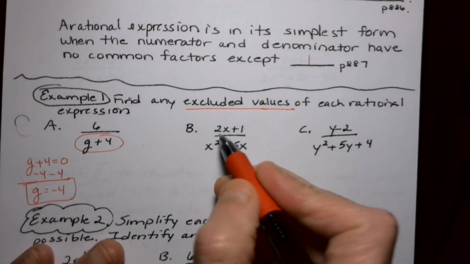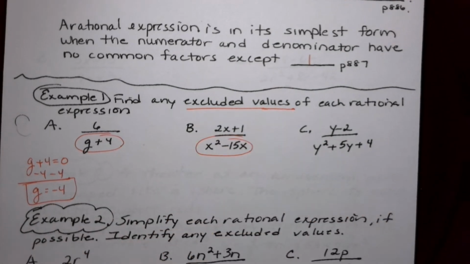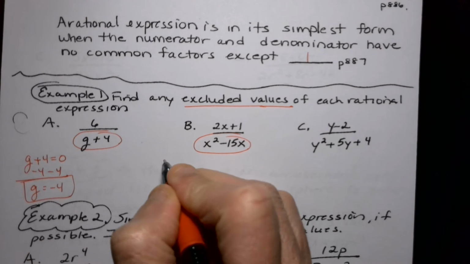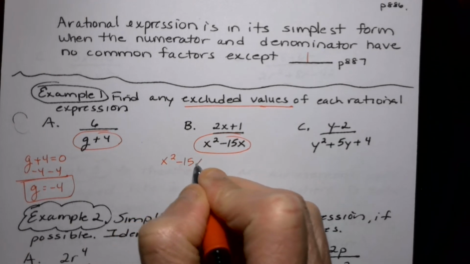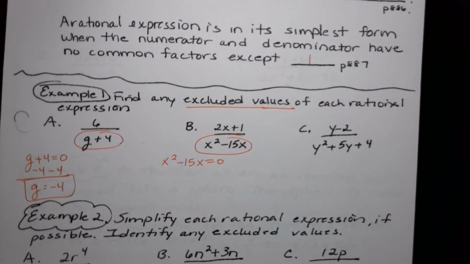All right. Now again, we're going to look in the bottom. But now that's a little more tricky, isn't it? But we still do the same concept. We still set it equal to 0. And now we're going to go back a little bit here and think, okay, we know how to factor.